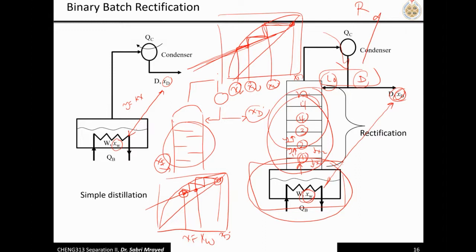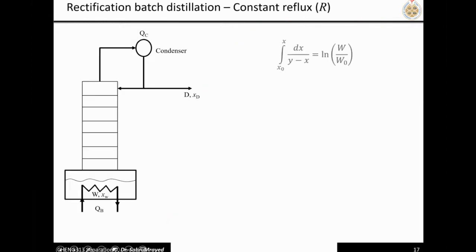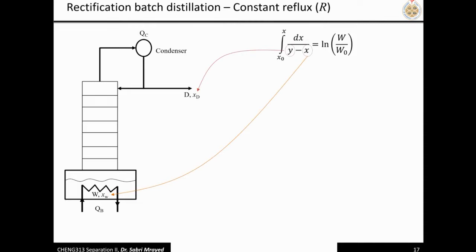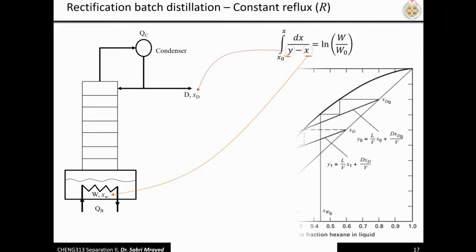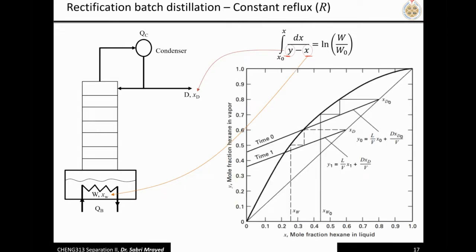And this is what we wanted to explain in the next slide. So in here we have this equation again. We still have the same equation, but as you see here, the x and y are not related by equilibrium anymore. They are not at equilibrium, but they're related by this. You see here?